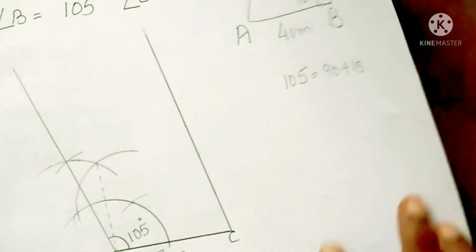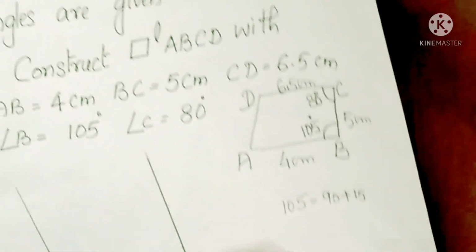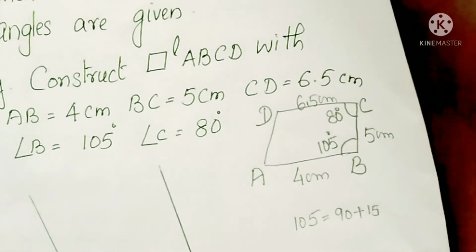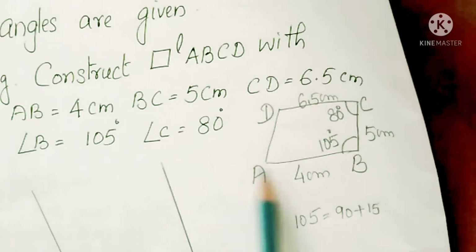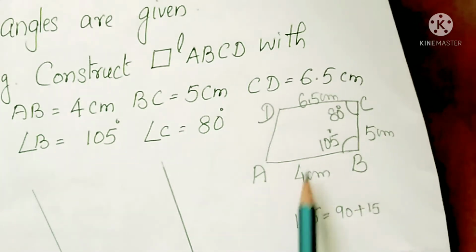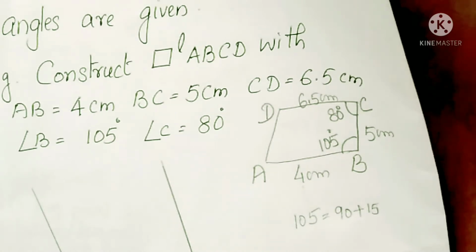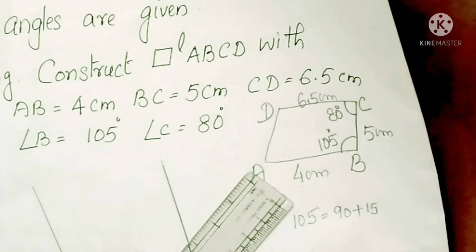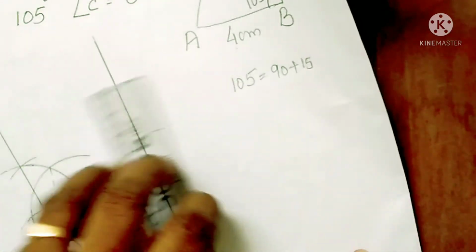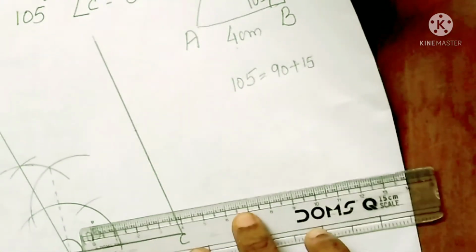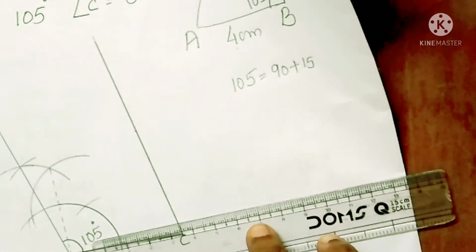Okay. Now what do we have to see? From B to C it is 5, A to B it is 4 centimeter, and C to D is 6.5. So for C to D, take 6.5 on the compass.